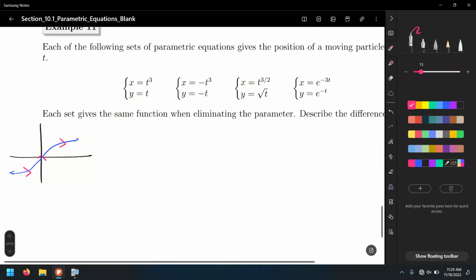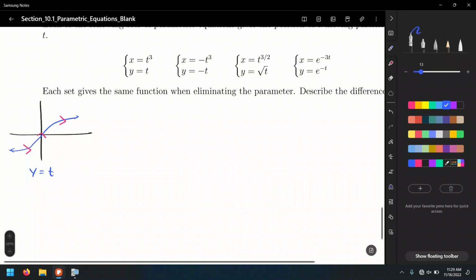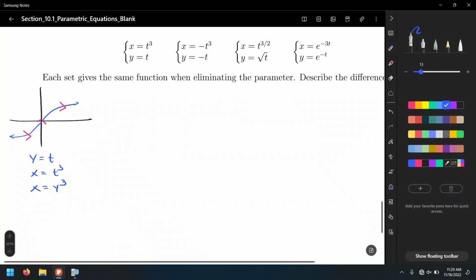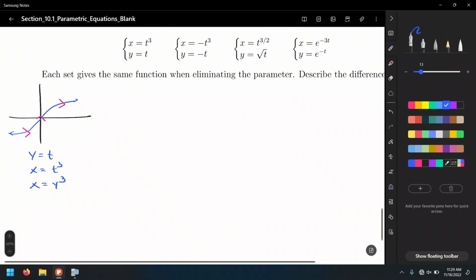Solve for t. Well, it's already solved for t. All I have to do is write y equals t, and x equals t cubed, and replace t with y. x equals y cubed, and to get y by itself, get the cube root. So y equals the cube root of x.